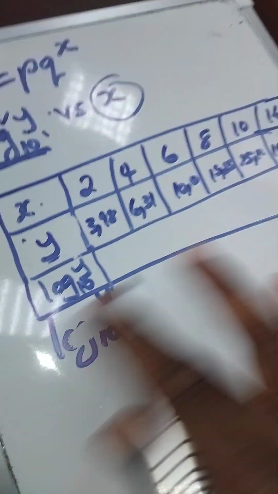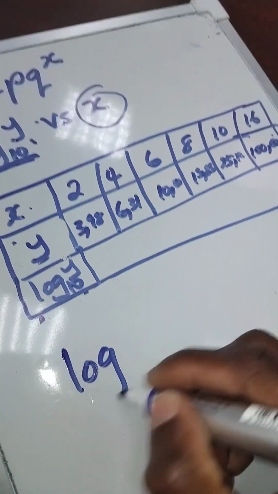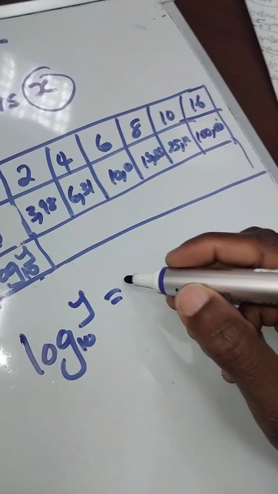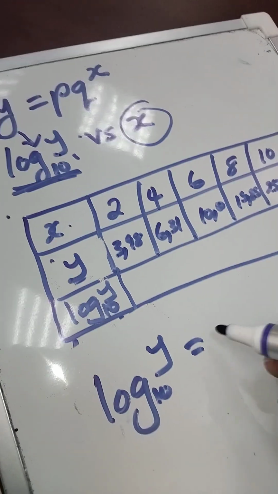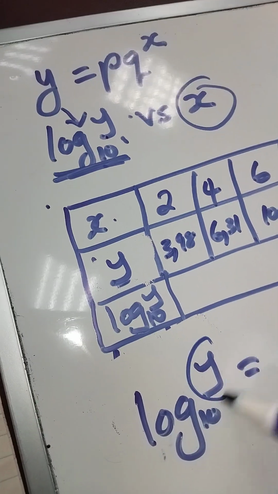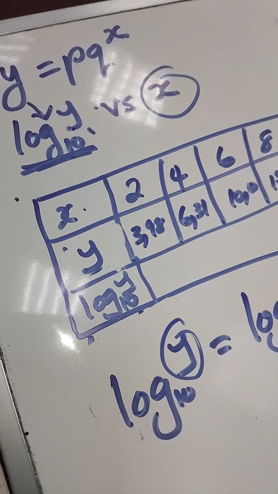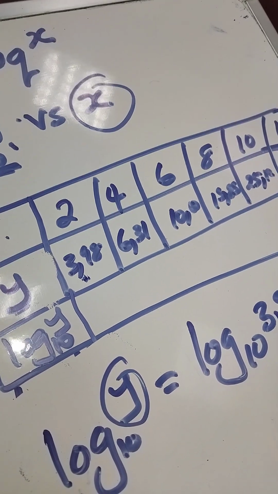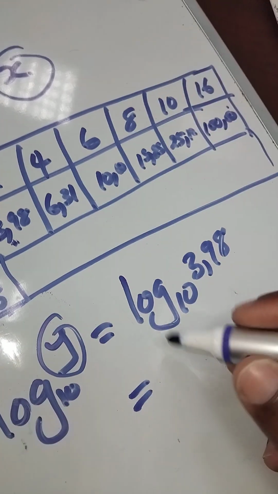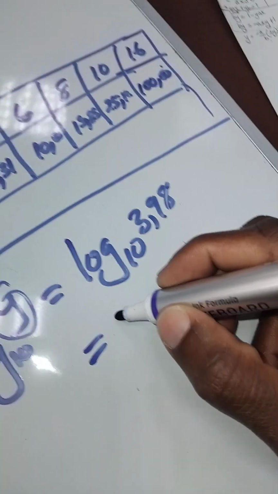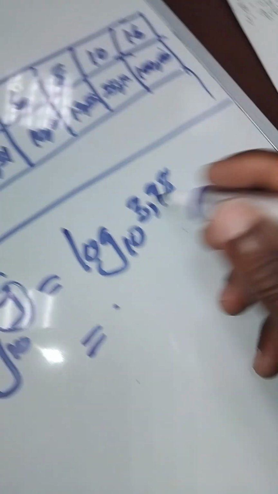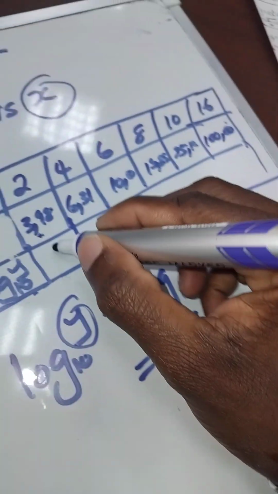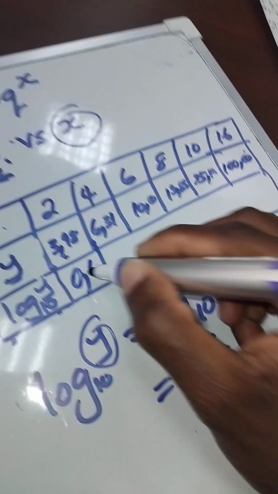How do we find log y base 10? Take the first value of y, 3,98, and take its log. You get 0,6.